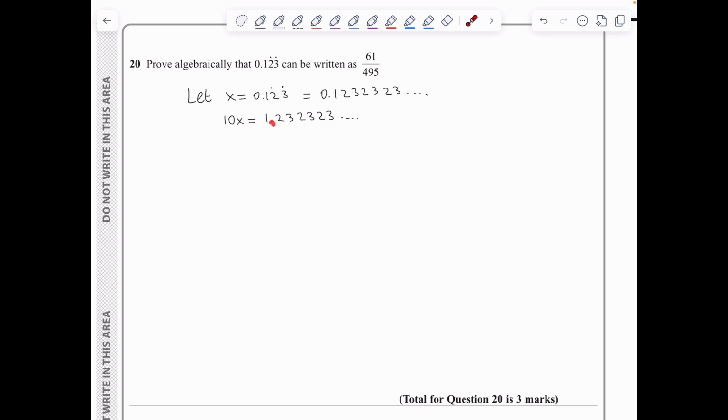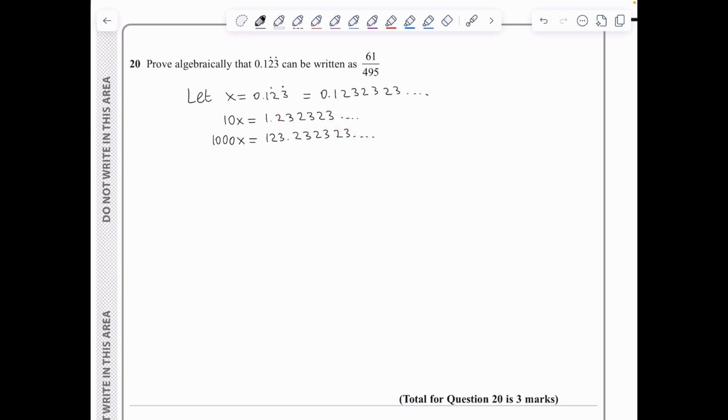So I will multiply by 100. So 10 times 100 is 1000x, which is 123.232323 ... and what we have achieved here is that we've got the same decimal part.